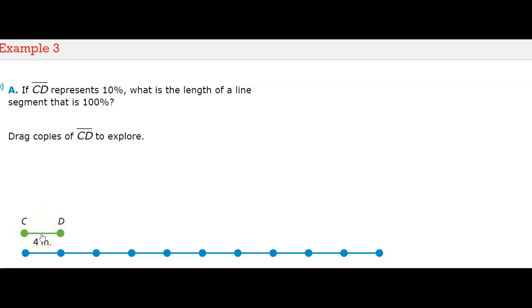So we have here 1, another one, I have to leave that one there. Maybe drag this, there we go. And we keep doing this until we get to the end of this segment.